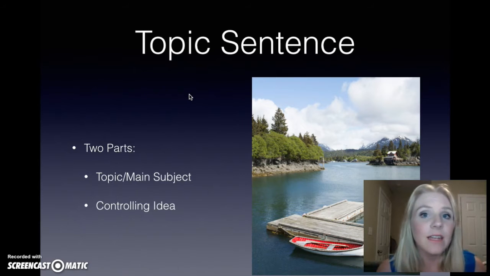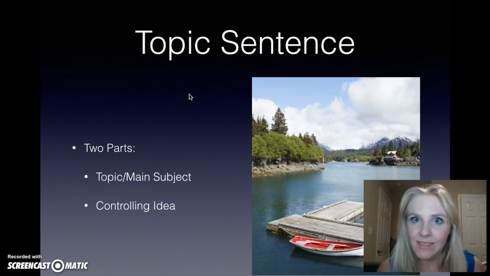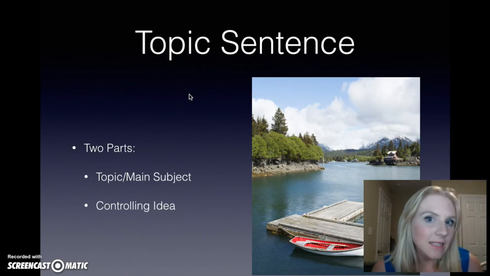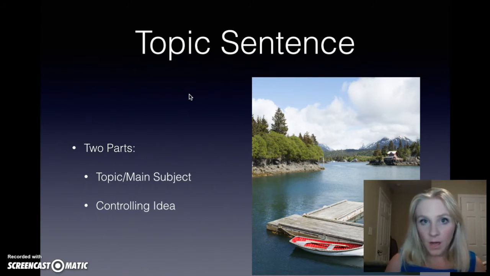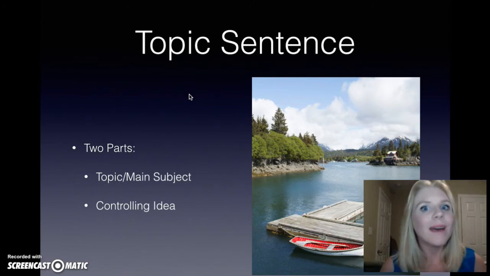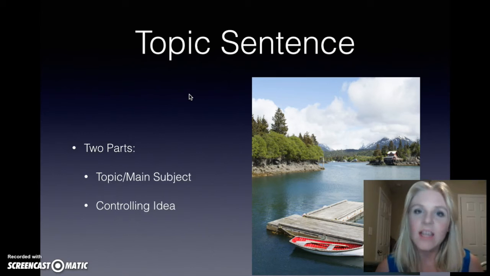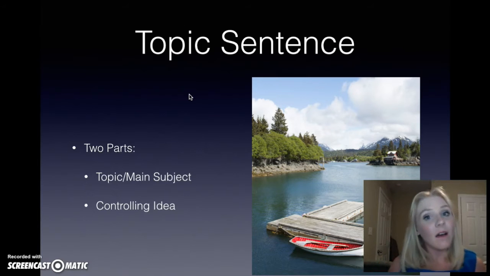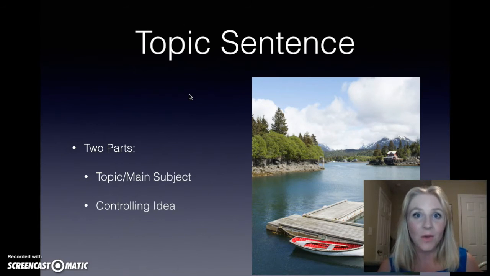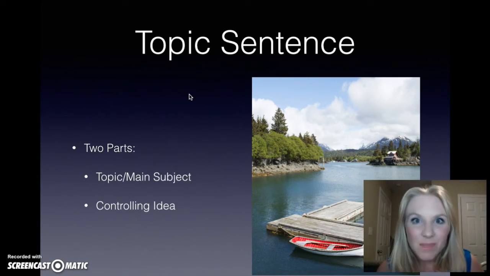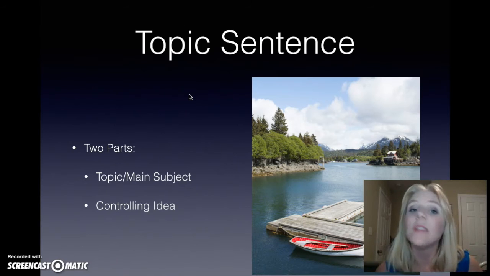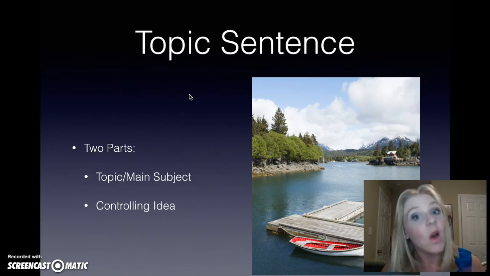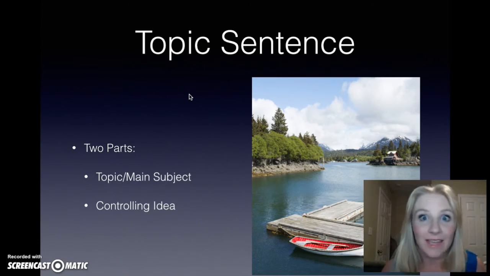Now, on the other hand, if you have another topic sentence, making cookies is easy, we still have the same topic, cookies, but the controlling idea has changed. Making is easy. The types of paragraphs change depending on that controlling idea. So it's really important that your controlling idea is specific, because all of the other sentences in your paragraph will connect back to that controlling idea.